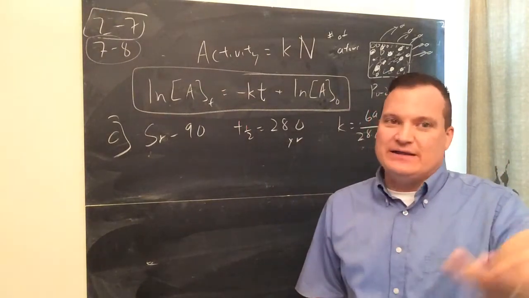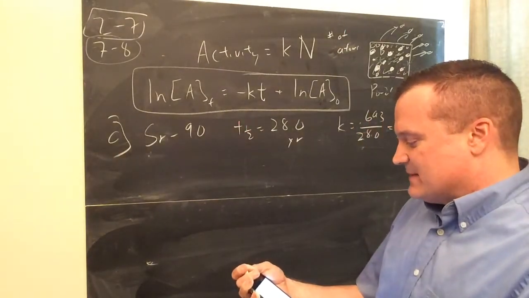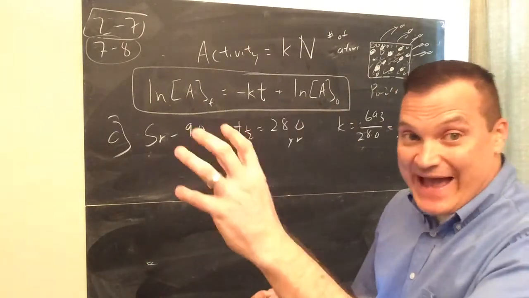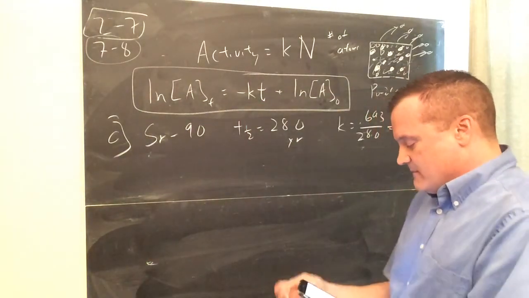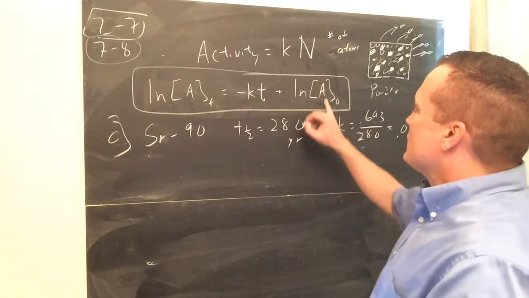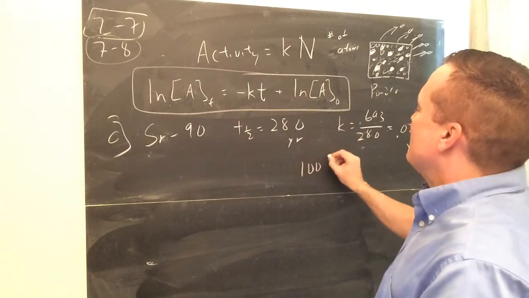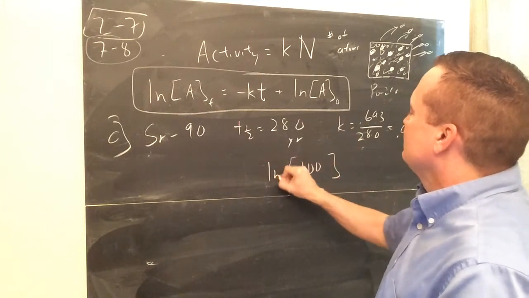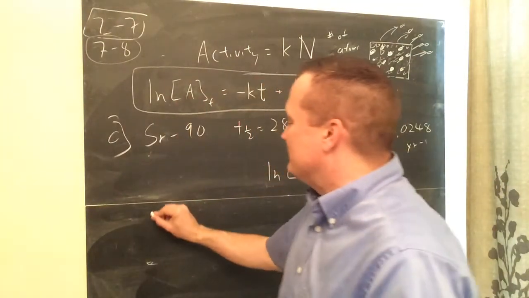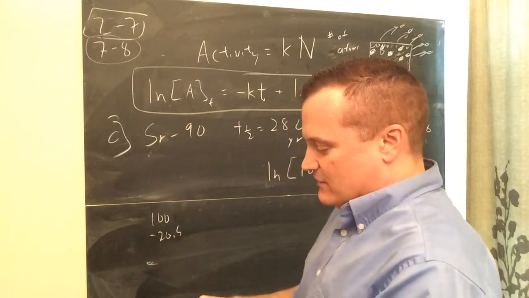Pretend it's a molarity problem, and they said, how long will it take for this reaction to occur, for 20.5% of this reactant to decay? Okay, your original amount, just let it be 100, like 100%. Let your original be 100, and let your final be 100 minus 20.5.